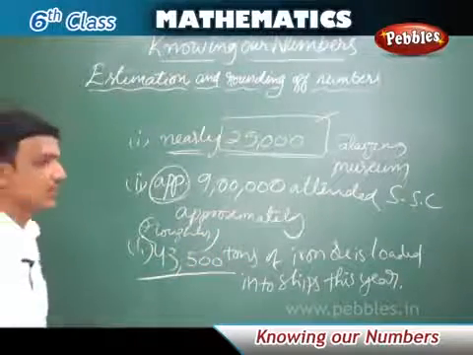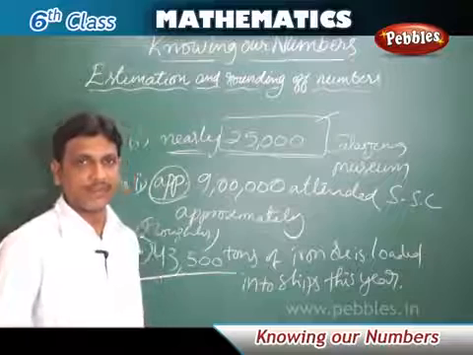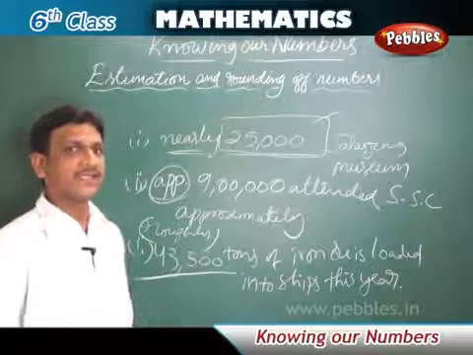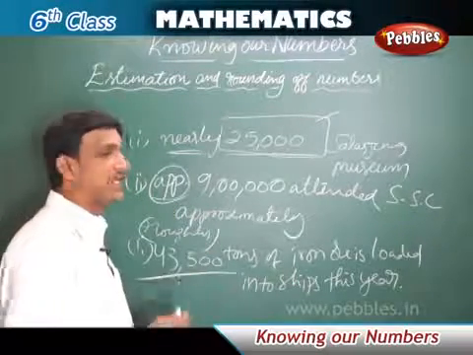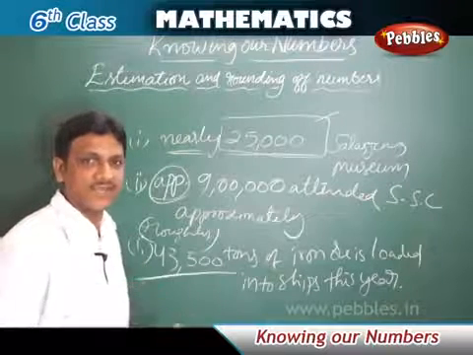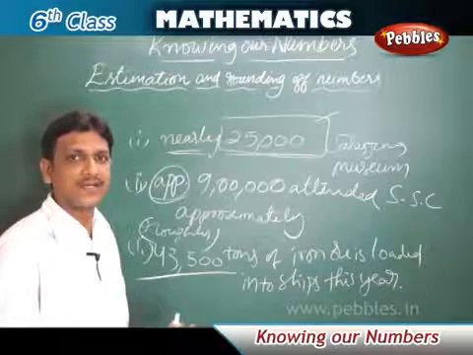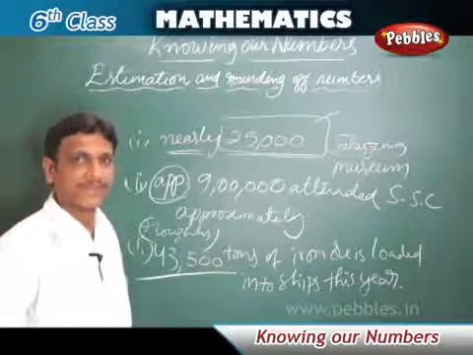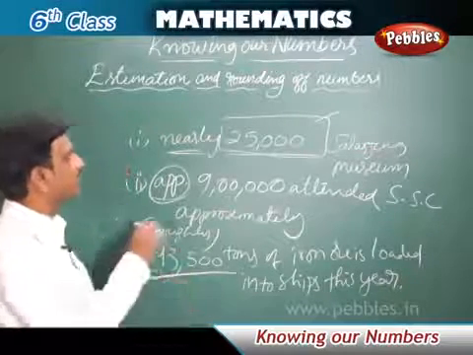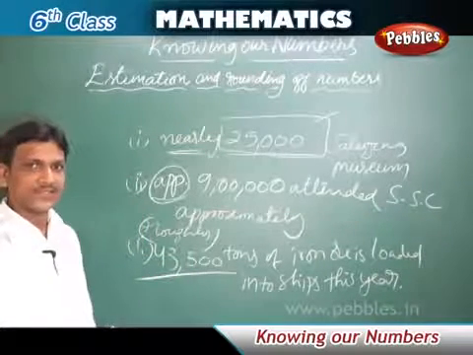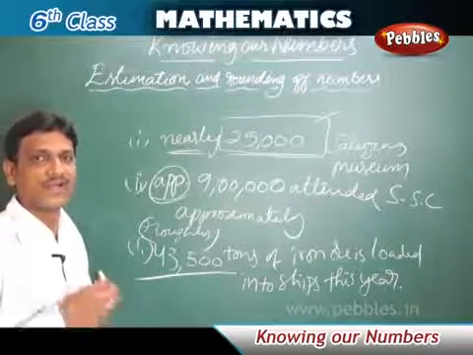So when we are talking about some big number, when there is no necessity of giving the exact value of the number, for convenience, the number is rounded off to the nearer tens or hundreds or thousands or 10,000s. So that is called rounding off numbers. Generally numbers are rounded off for convenience.